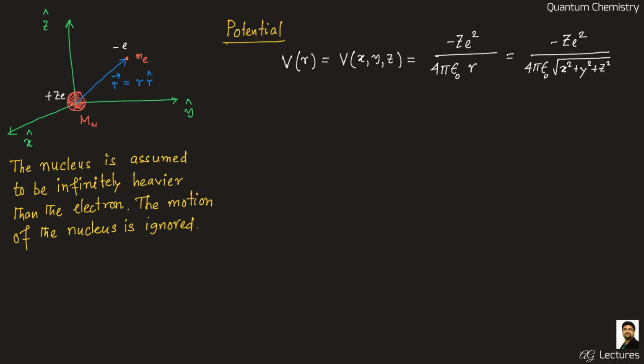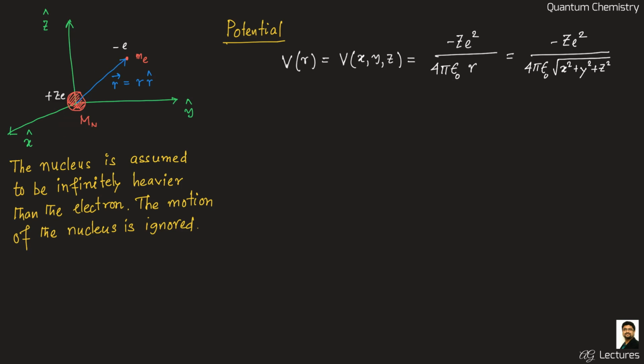Now this is a potential that solely depends on the separation between the nucleus and the electron. As in the situation we were discussing, if that happens, then we can describe the entire motion of the system in terms of this internal vector r, and that is exactly what we are going to do here also. We can quickly calculate the force that is acting on this electron due to this nucleus.